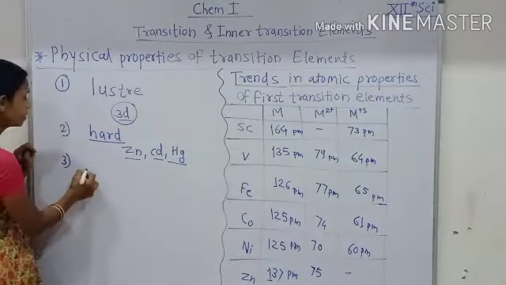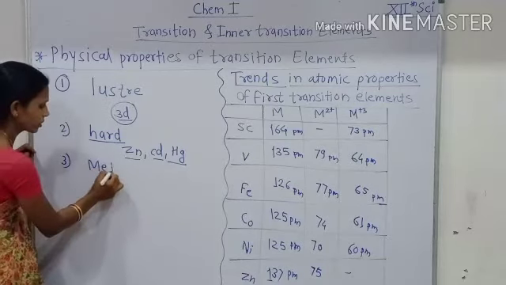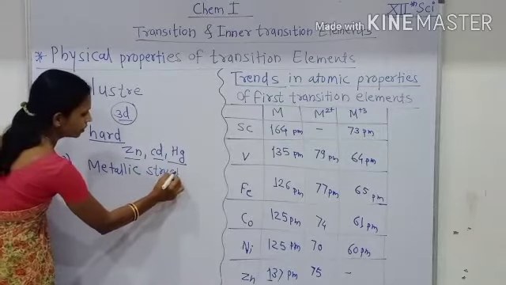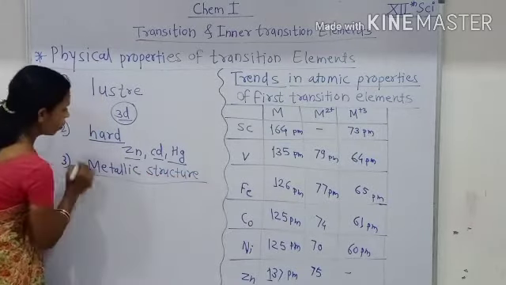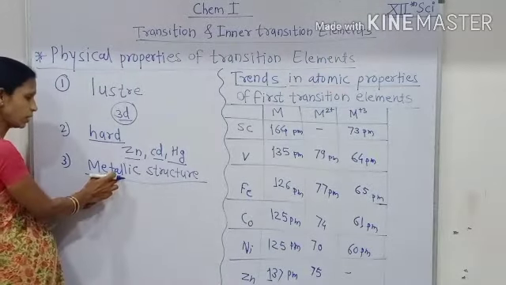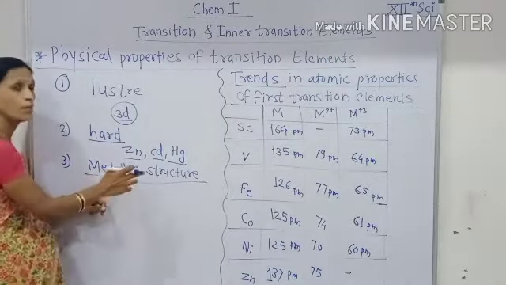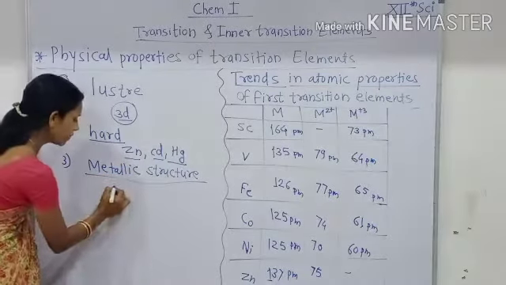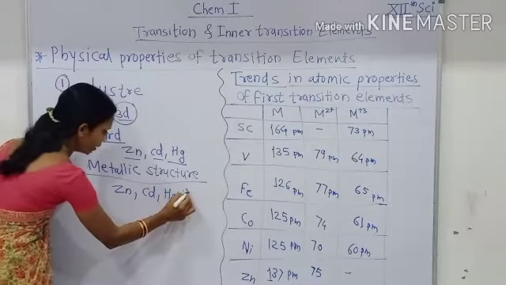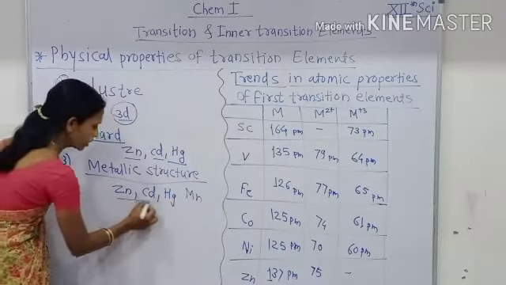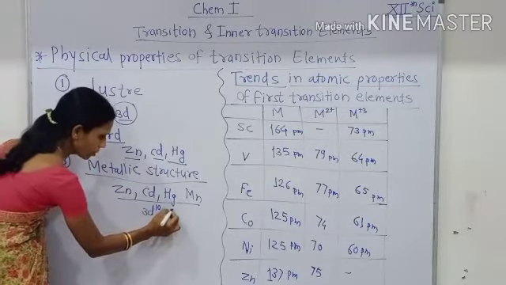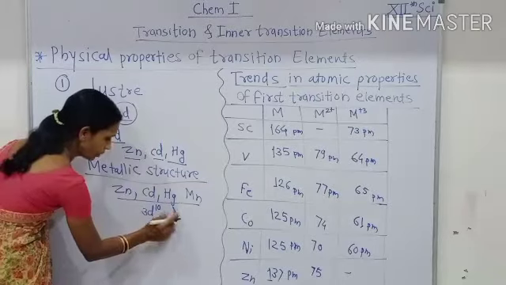Then they have metallic structure. All of you studied the lattice structure of the elements. These transition elements show metallic structure, except zinc, cadmium, Hg and manganese, because they have completely filled 3d orbital or half-filled 3d orbital.